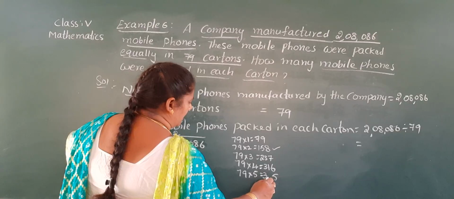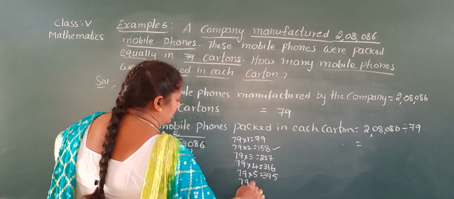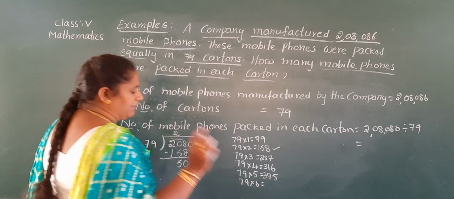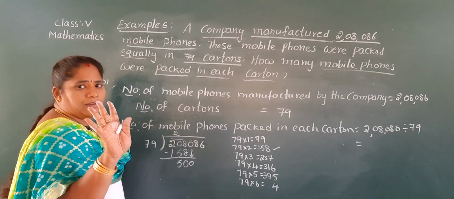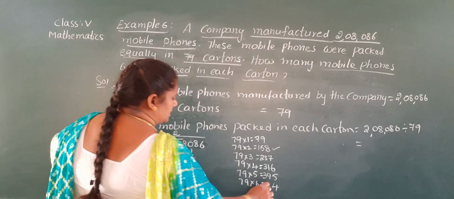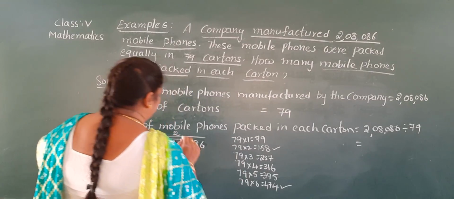So 395. Next, 79 into 6. 6 nines are 54, 5 in hand, 4 down. 6 sevens are 42 plus 5, 43, 44, 45, 46, 47. 474 is the nearest number. So you take 6 times.